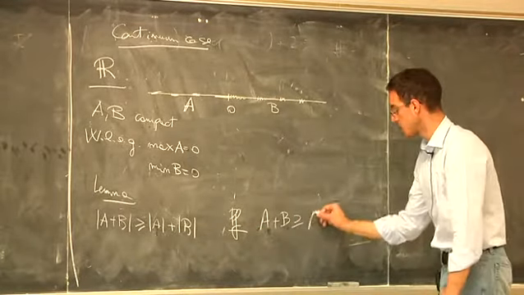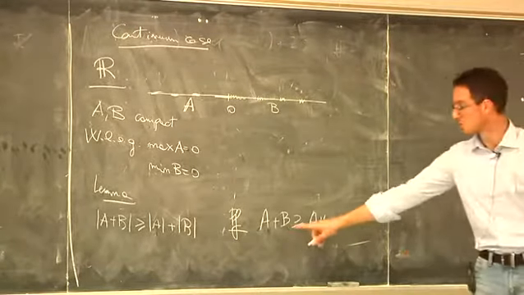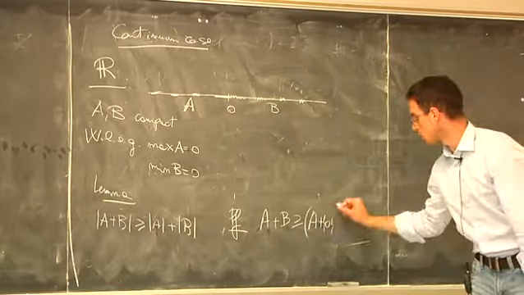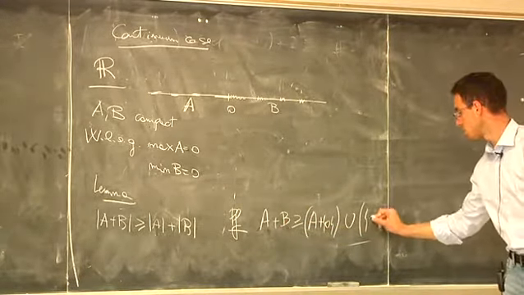So you can always take A plus the element 0, because 0 is in B. Or you can take 0 in A and have any element in B.